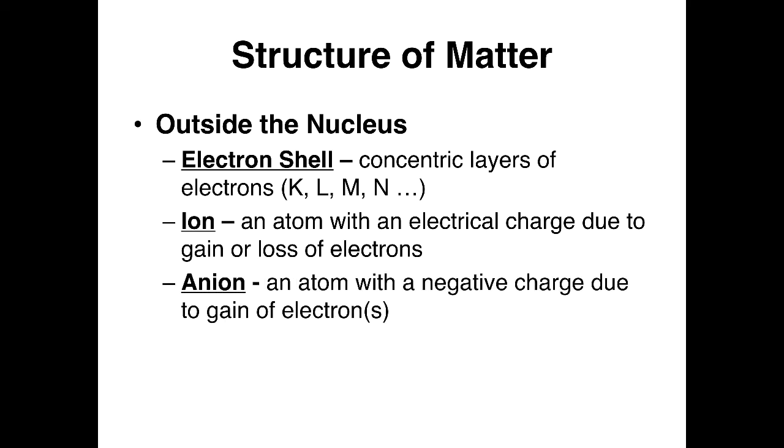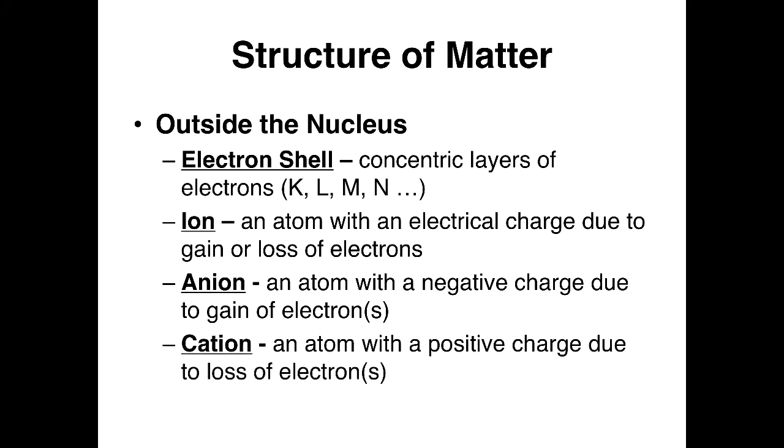An anion is an atom that has a negative charge, and this occurs when the atom gains an extra electron or more than one electron. A cation is an atom that has a positive charge because it has lost one or more of its normal electrons.